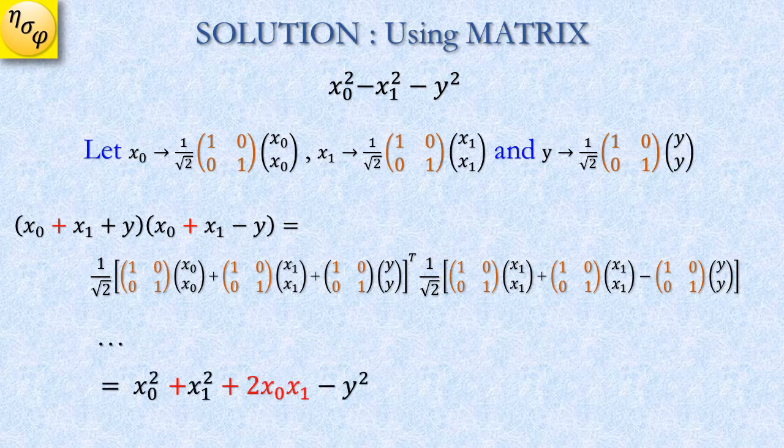And the result is not the same as our original expression. The sign is different on x1 squared, and also there is an extra unwanted term, 2 x0 x1. Dear audience, please calculate this by yourselves for practice.